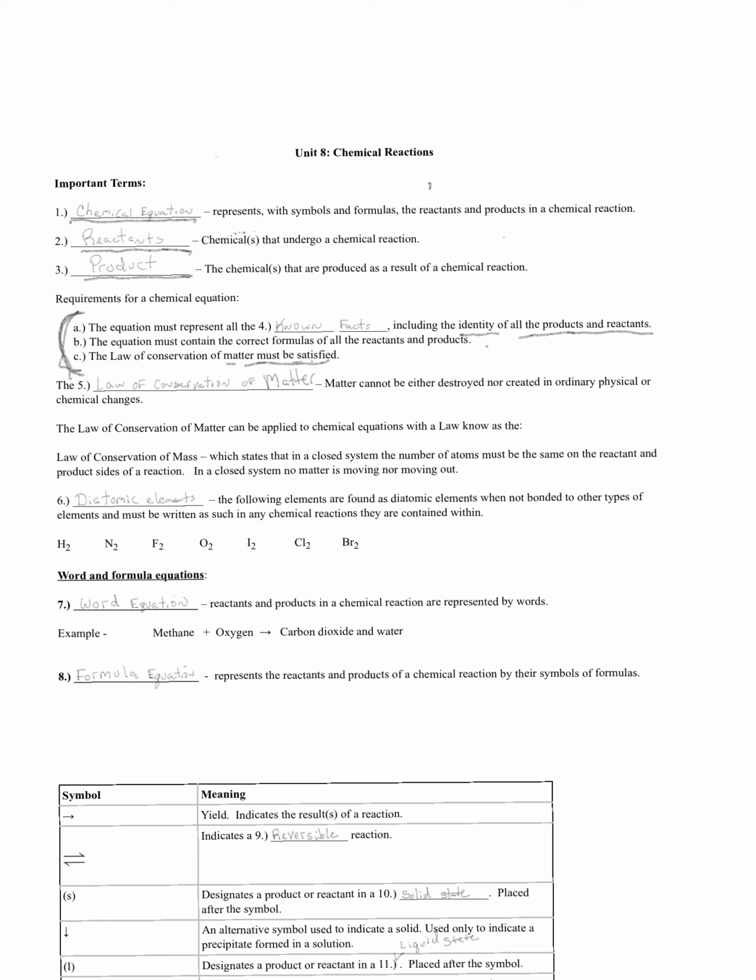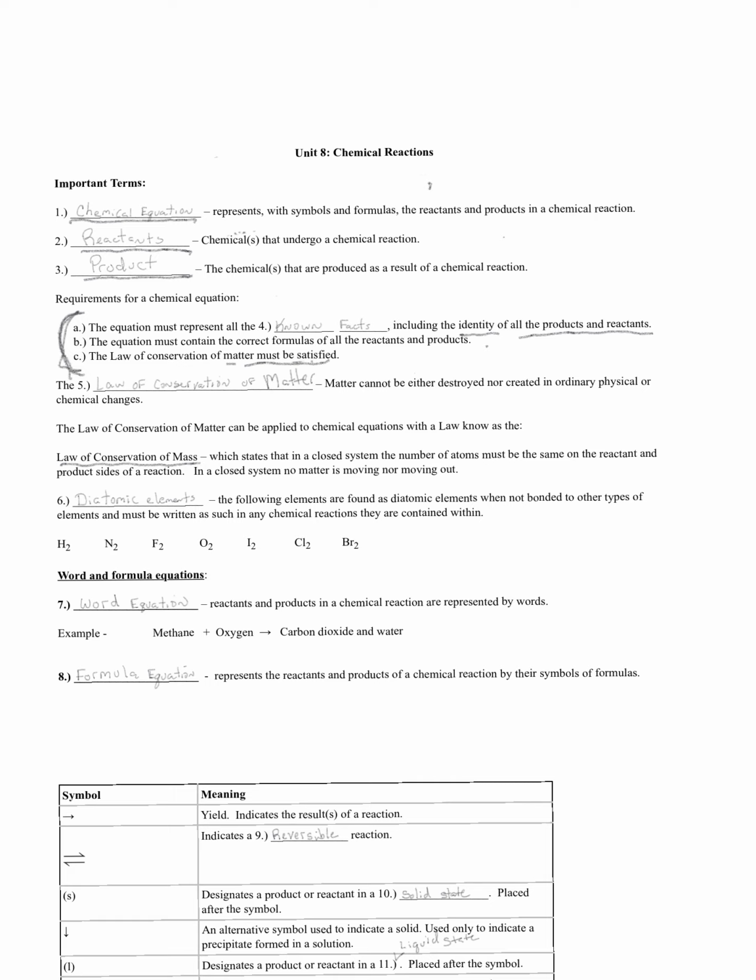So here, the law of conservation of matter, what does that say? Or what does it mean? The law of conservation of matter states that matter cannot be created or destroyed under ordinary physical or chemical changes. It can be applied to chemical equations with a law known as the law of conservation of mass, which states that in a closed system, and what is a closed system?